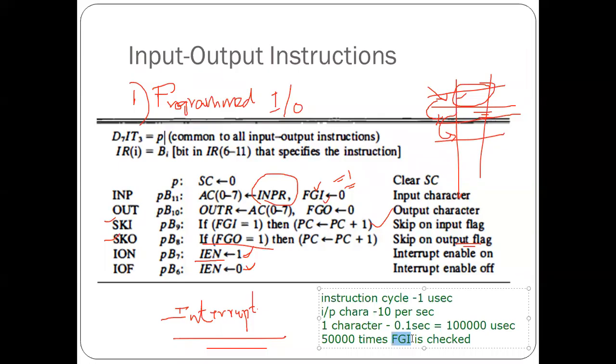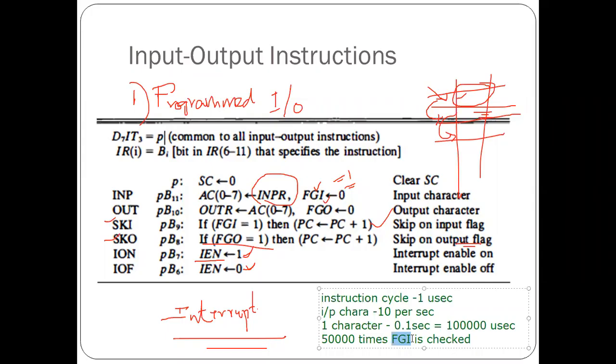Instead of doing other important calculations or processing tasks, the CPU is just in a waiting state here for checking the flag bit FGI, similarly FGO. This is the disadvantage in programmed IO.